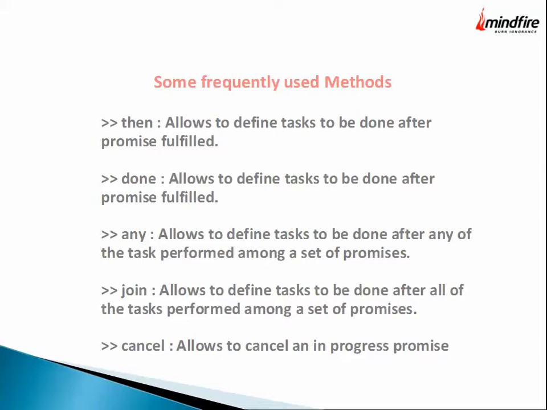They are not dependent on each other. So the first one may complete first, the last one may complete second, and the second one may complete last. They flow in parallel, as per the volume of data being fetched.